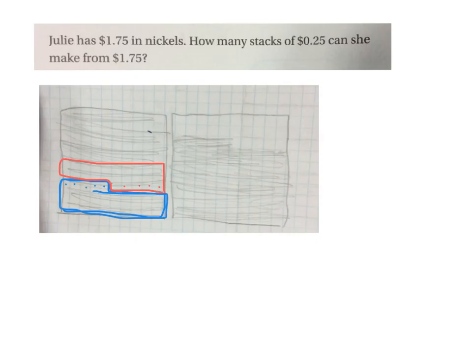Okay. Go ahead and circle groups of 25/100 and see how many groups you can find in the total of $1.75.